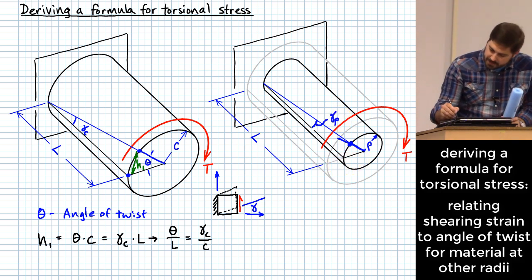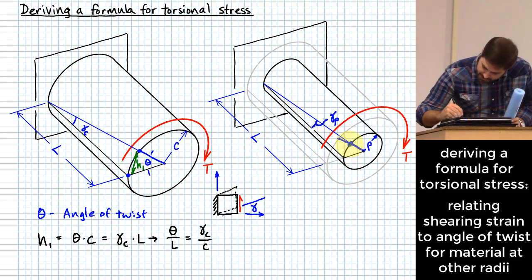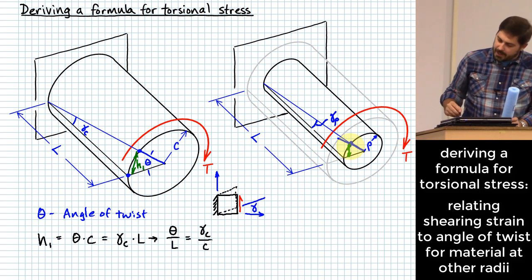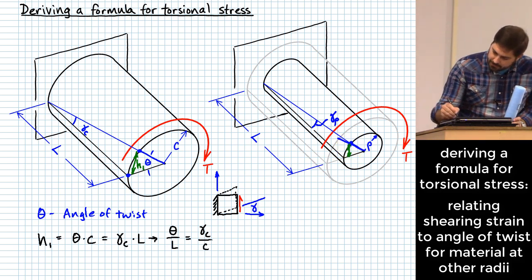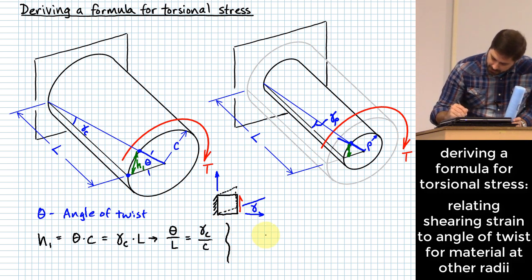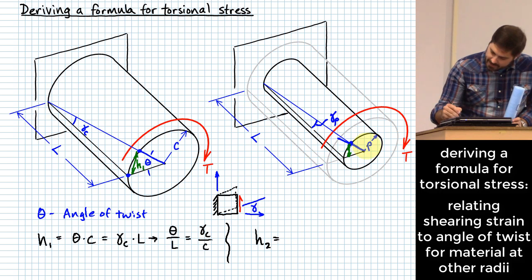So if we do something similar to what we did in our first case, only this time we're trying to figure out how far does this point move, instead of the one that's out on the outer surface of the piece. What we'll say there is that's H2. This is still theta.